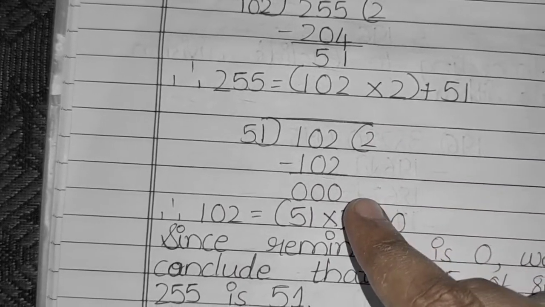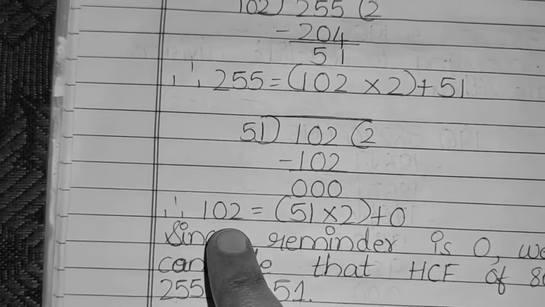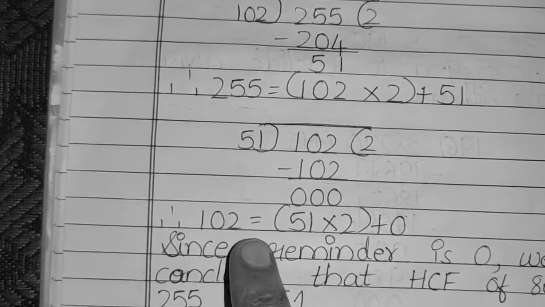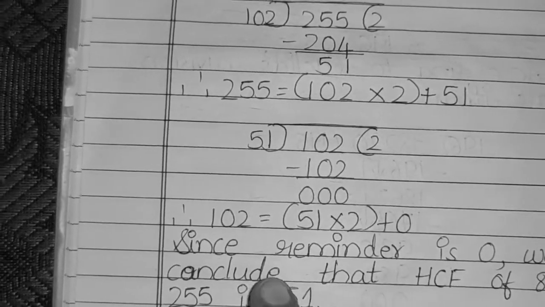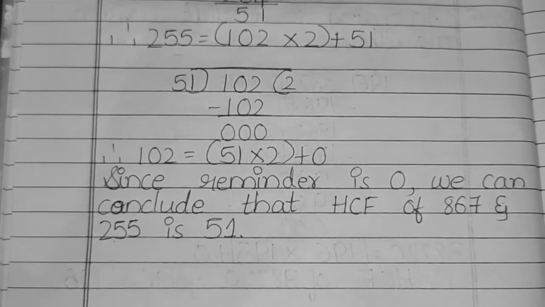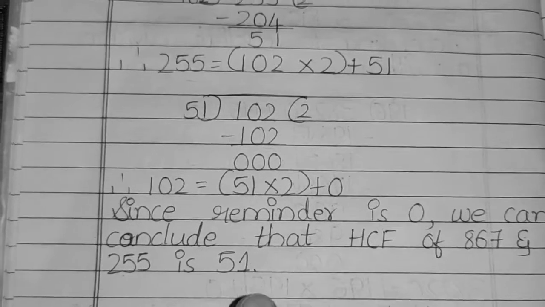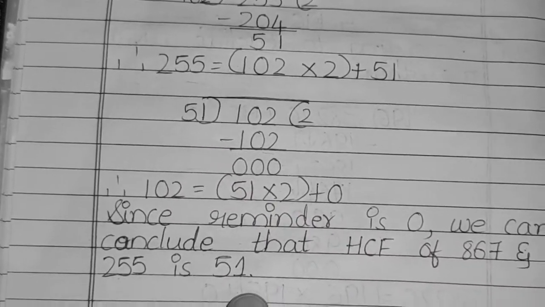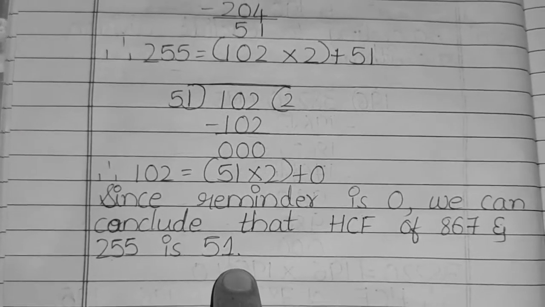So the remainder will be 0. Since the remainder is 0, we will put it according to Euclid's division algorithm: 102 is equal to 51 into 2 plus 0. Since we have got the remainder as 0, we can conclude that the HCF of 867 and 255 is 51. So the divisor is considered as our HCF.